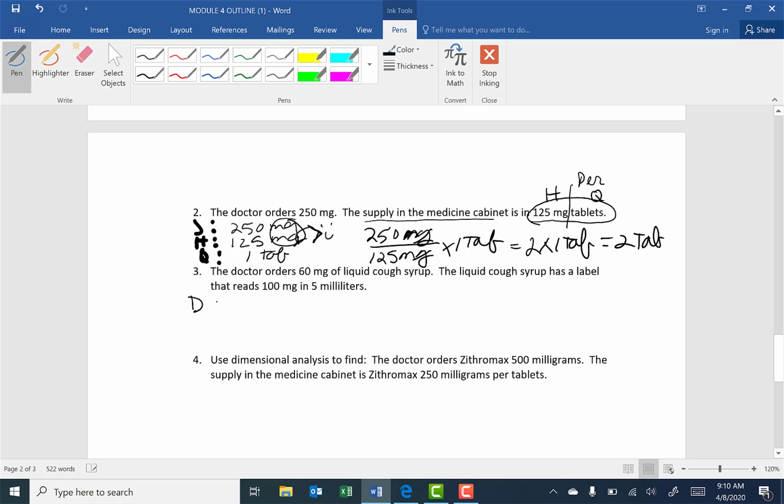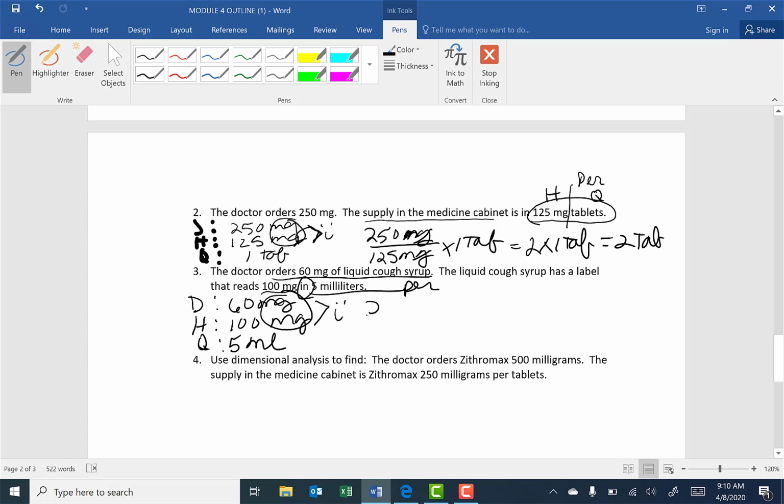Okay, 3, D, H, Q. The dosage formula always works. The doctor orders 60 milligrams. Okay, that's our doctor order. The liquid cough syrup has a label that reads 100 milligrams in 5 milliliters. In is another way of saying per. Do D and H have the same unit? Yes, hooray, we don't have to convert.